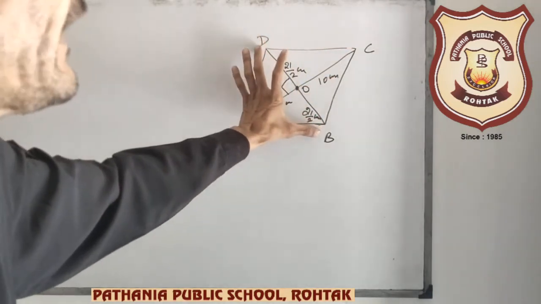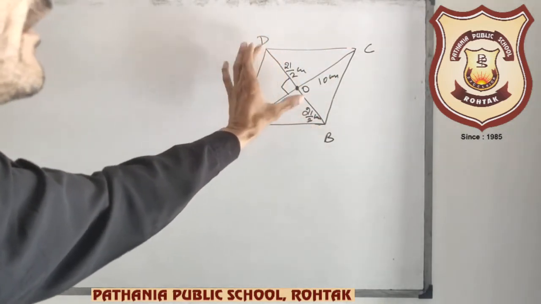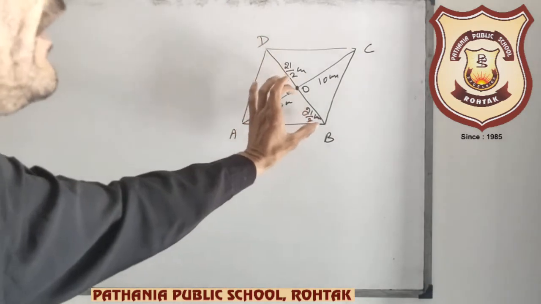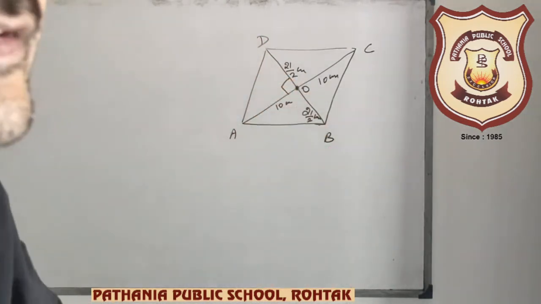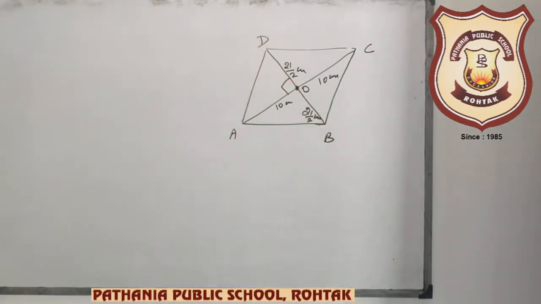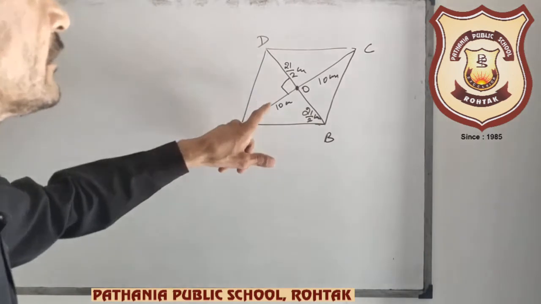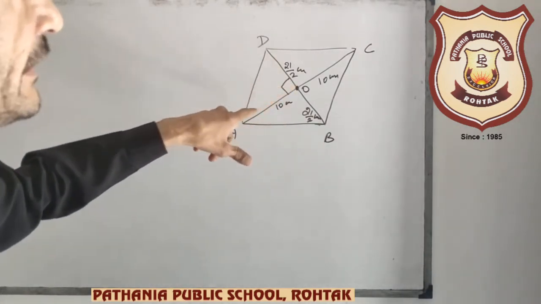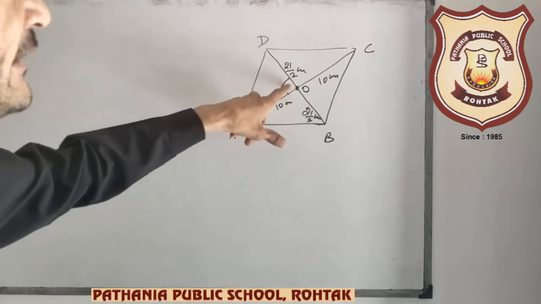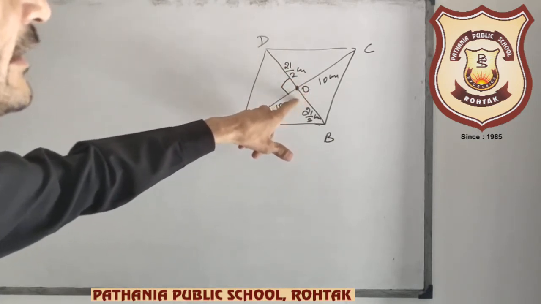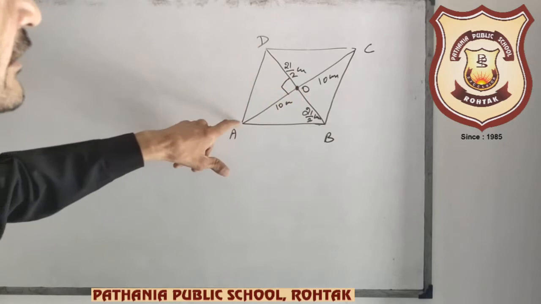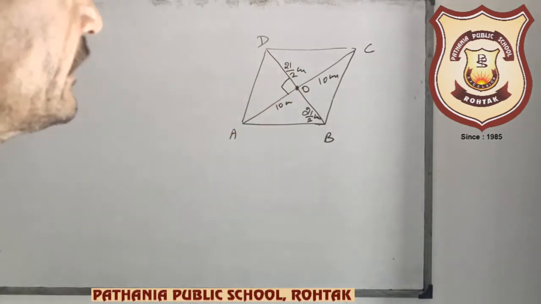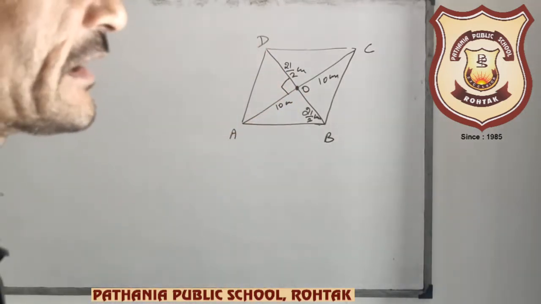The length of this diagonal is 21 centimeter, so 21 by 2 is this. The diagonals are perpendicular bisectors of each other, so all these angles are 90 degrees. Let us choose this triangle, AOD. Now in right angle triangle AOD.